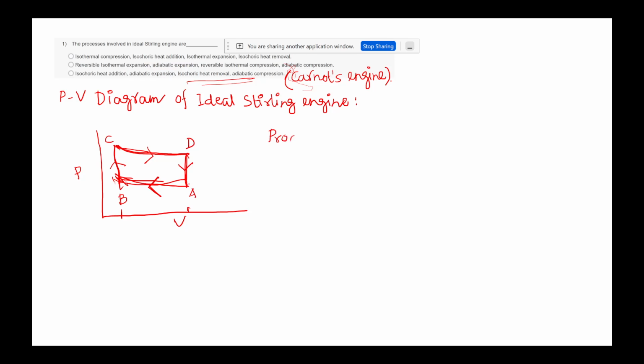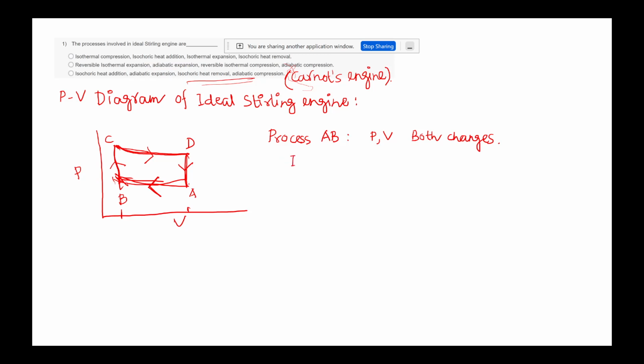Process A, B: for the process A, B, P and V both change.